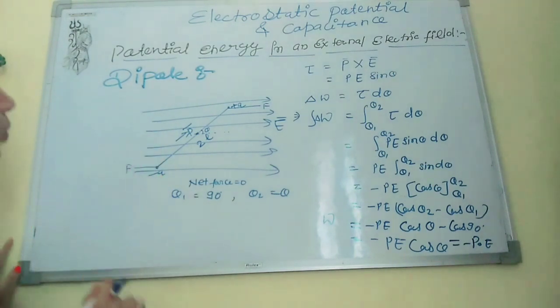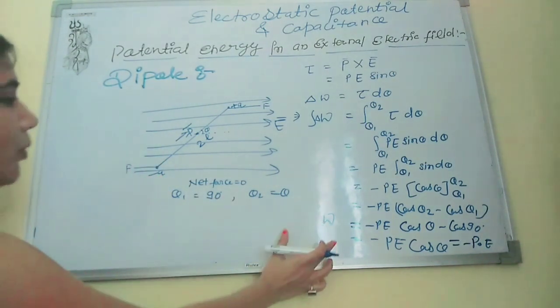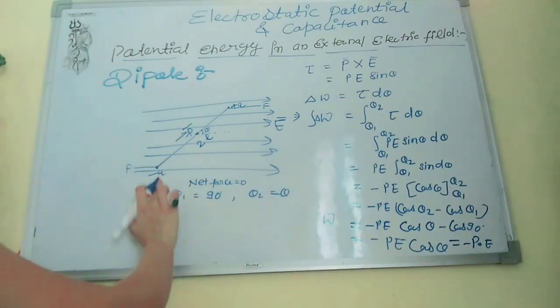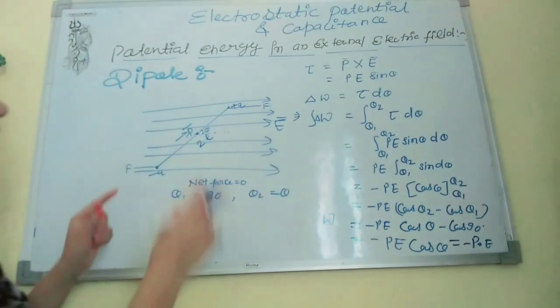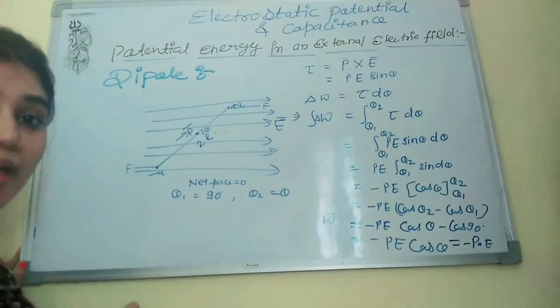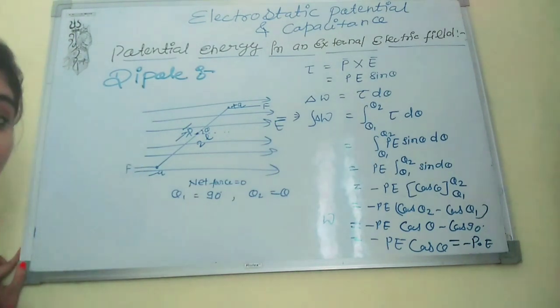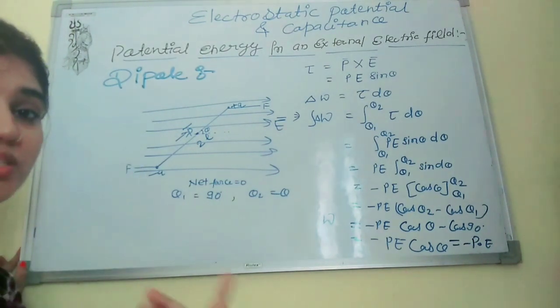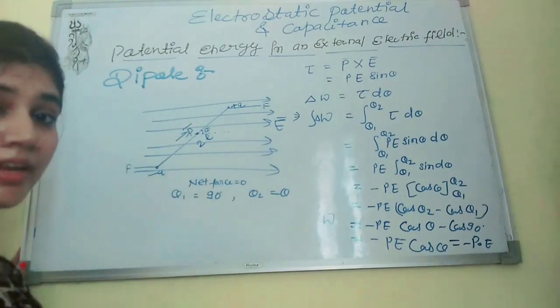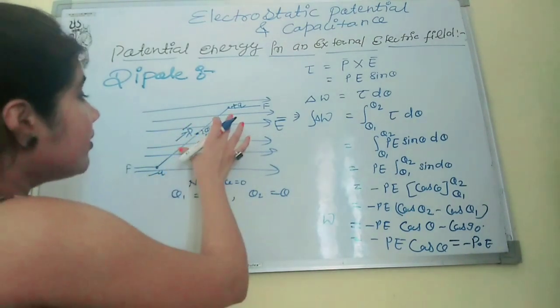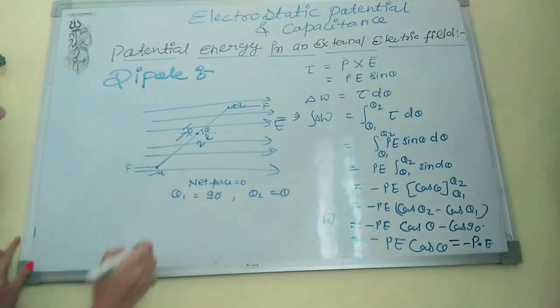Now we will see the work done and potential energy because of the point charges. Here also we have 2 points, and in our previous derivation we derived the potential energy for a 2 point system in an external field. So here we will apply that.